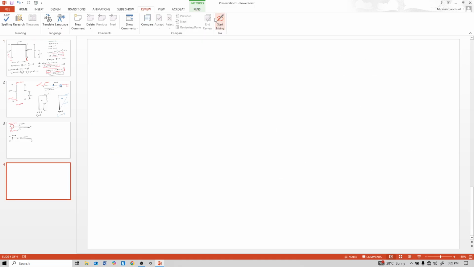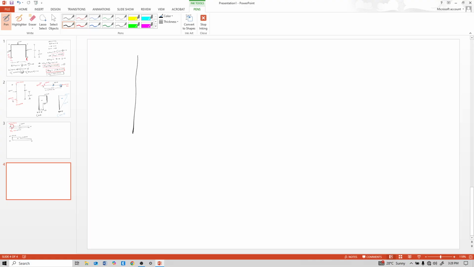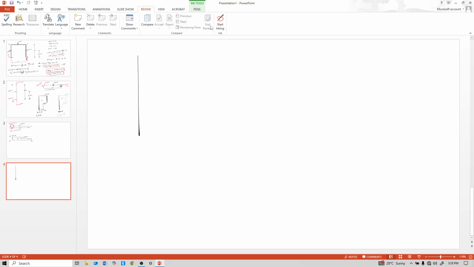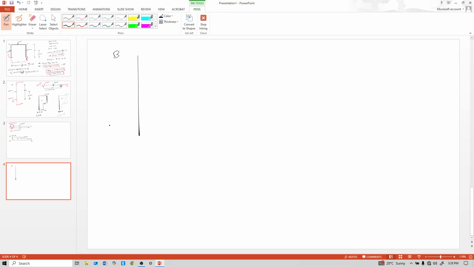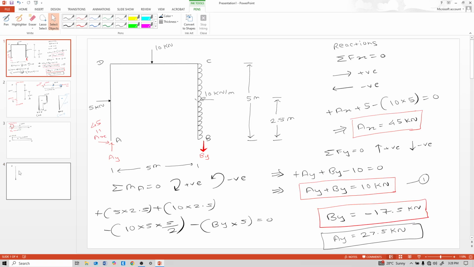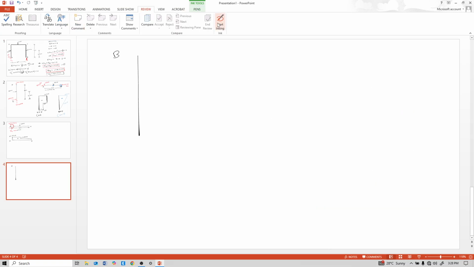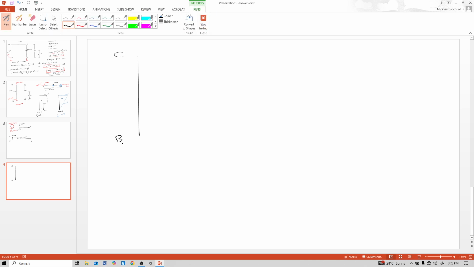So here consider this as a By, B and C and B. By downward arrow, 17.5 kilonewton and downward, that means minus.